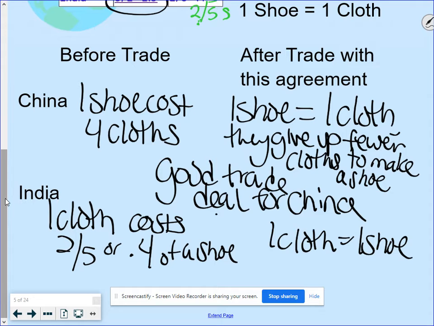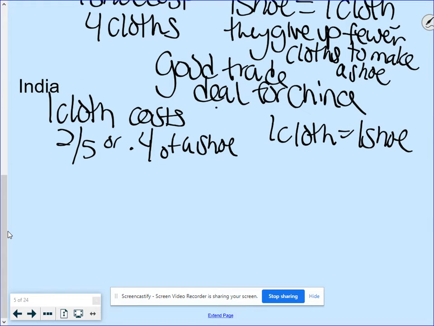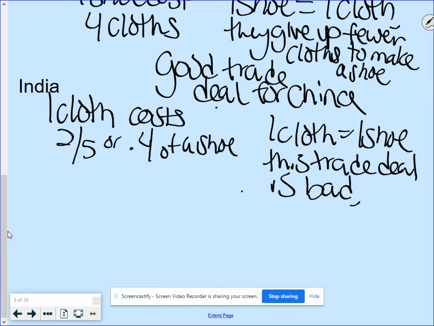They have to give up more with this trade deal. That's not something they're going to love. This trade deal costs them more shoes per cloth, 1 whole shoe. This trade deal is bad for India because they have to give up 1 full shoe instead of 0.4 of a shoe.